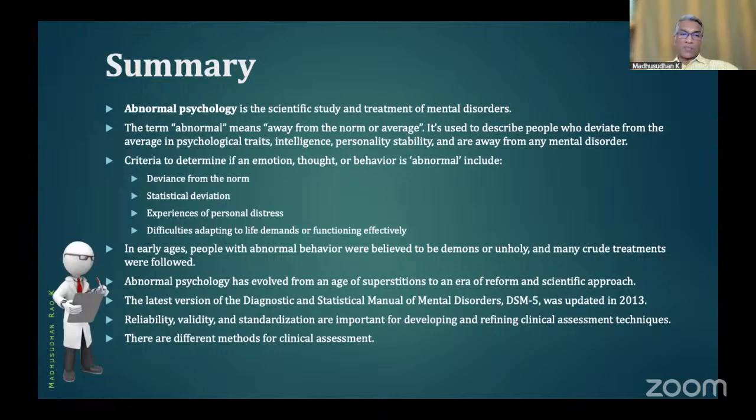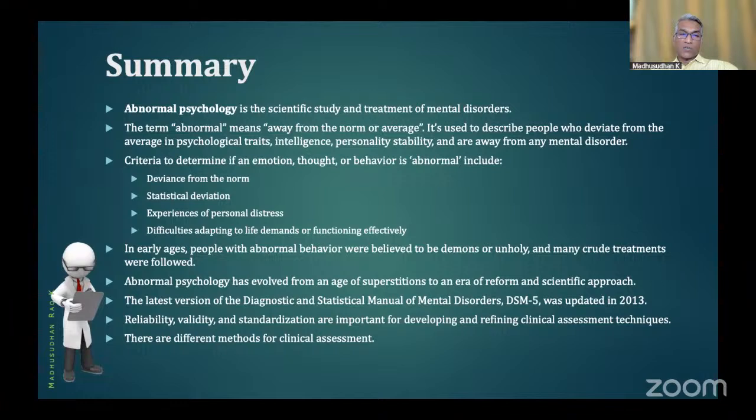In early ages, people with abnormal behavior were believed to be possessed by demons and unholy, and many crude treatments were followed. Abnormal psychology has evolved from an age of superstition to an era of reform and scientific approach.